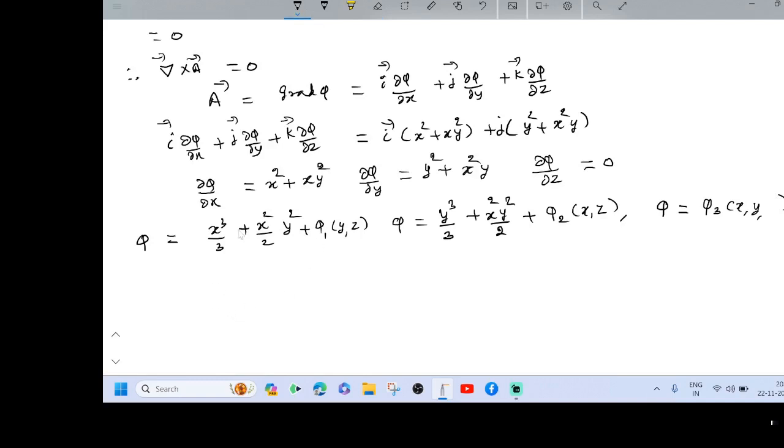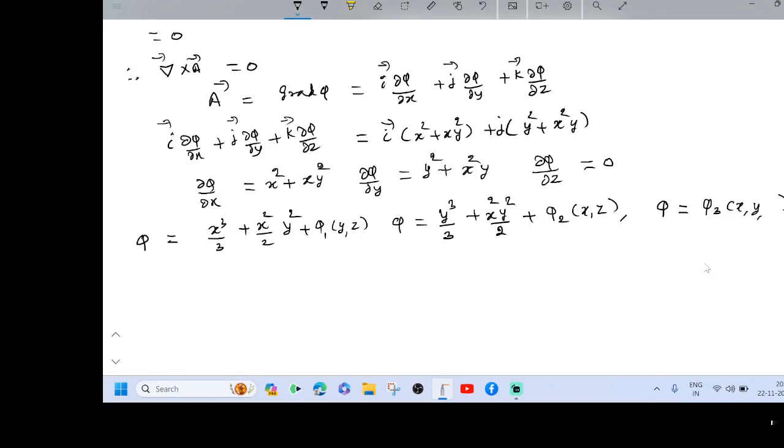See here, we are integrating this with respect to x, so that x³/3 plus x²/2 y² plus phi 1 of y comma z. We are integrating this with respect to y, so y³/3 plus x²y²/2 plus phi 2 of x comma z. We are integrating this equation with respect to z, so that phi equal to constant value is phi 3 of x comma y.